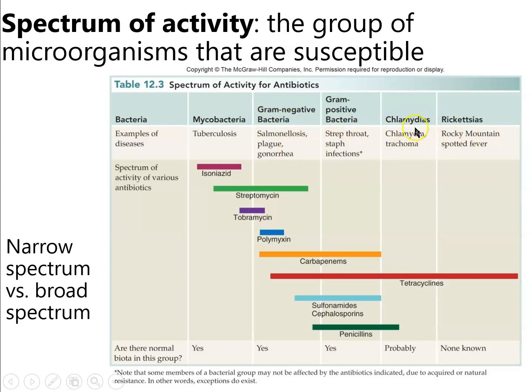These are special because they grow inside our cells. They are obligate intracellular pathogens. They must grow inside our cells. And so any antibiotic we take to treat them has to get into our cells and achieve a high enough concentration to be toxic to these microorganisms.